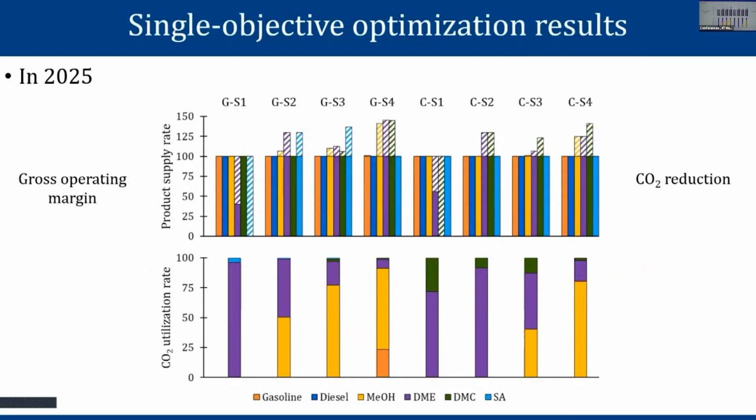So here what I am showing you is the single objective optimization results for the calendar year of 2025. So in this figure, G means that the solutions are obtained by maximizing the gross operating margin, and C means that the solutions are obtained by maximizing the CO2 reduction potential.